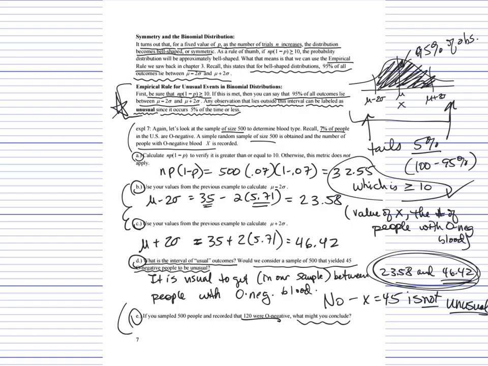There is something wrong with our sample. Or perhaps the assumptions that I started out with, for instance, that 7% of people in the US are O negative, maybe that's wrong. Now that's something we delve into a little bit in chapters 8 and 9, but unfortunately we're not going to get to this semester, but that's for another time.